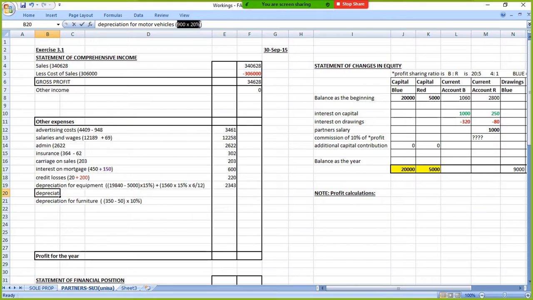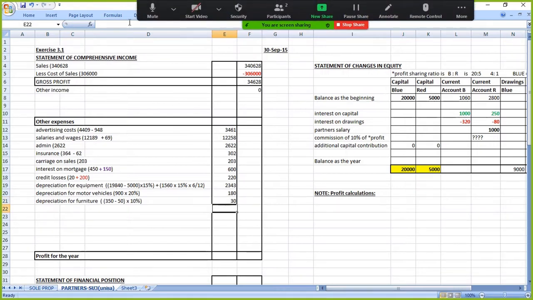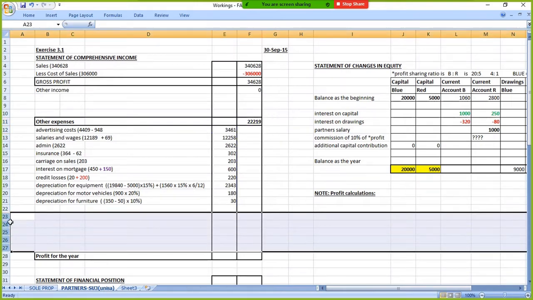Right, for this one, and this one. There we go. Other expenses equals sum, add up. There we go. We've added everything.